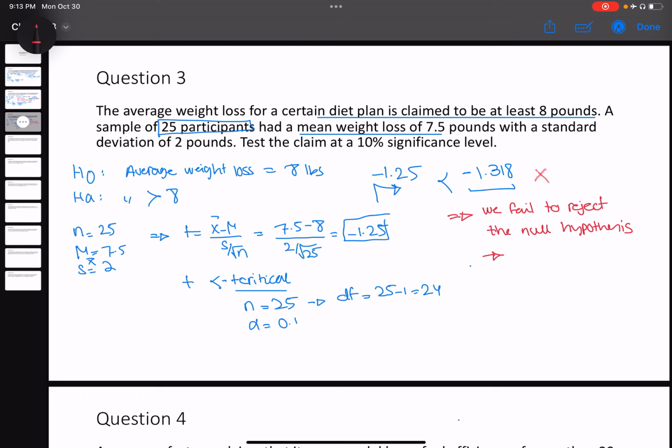So the claim of average weight loss to be at least 8 pounds might be a possibility. So we have evidence to support the alternative hypothesis. We can basically support the HA.